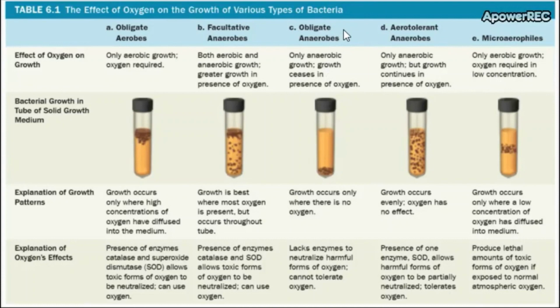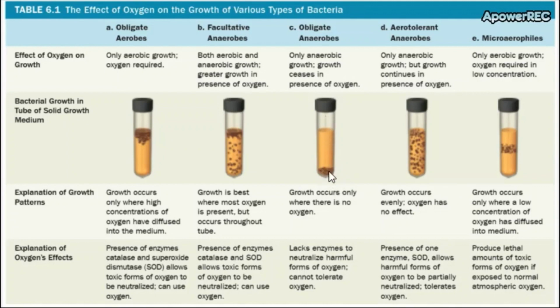And the third group are the obligate anaerobes. And remember, they're the other side of the coin to obligate aerobes. Obligate anaerobes are strict anaerobes, meaning they cannot grow in the presence of oxygen. So you're not going to find some at the top and some at the bottom. You will just find them at the bottom where there's no oxygen or very little that diffuses and reaches the bottom here.